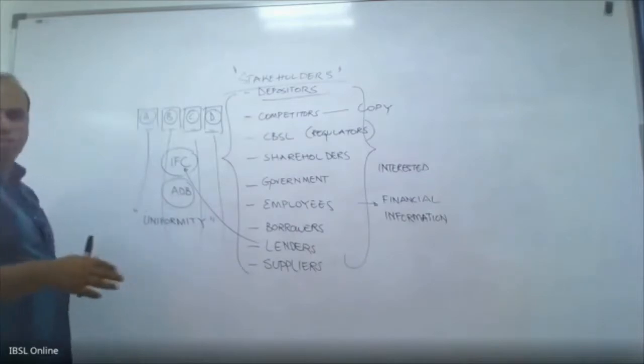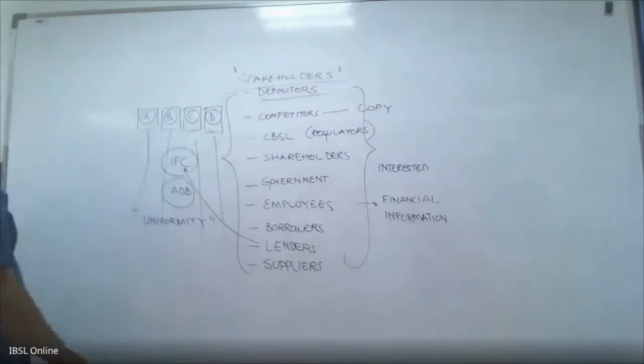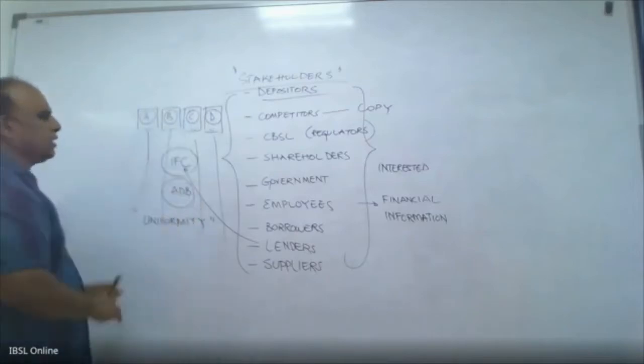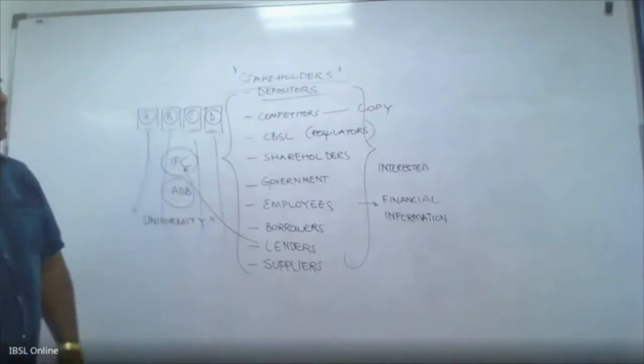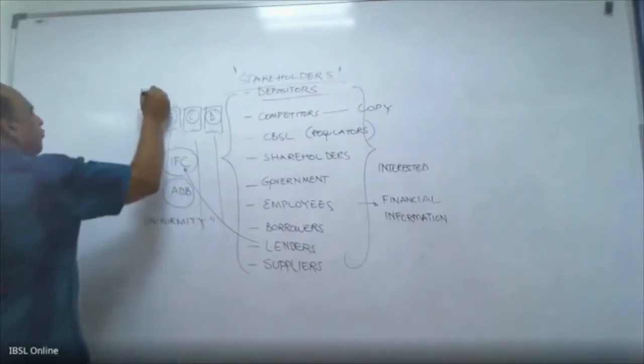If it is an open statement, you don't know whether everybody will conform to it. So we have to bring them all into one particular structure. That is where you need a framework.